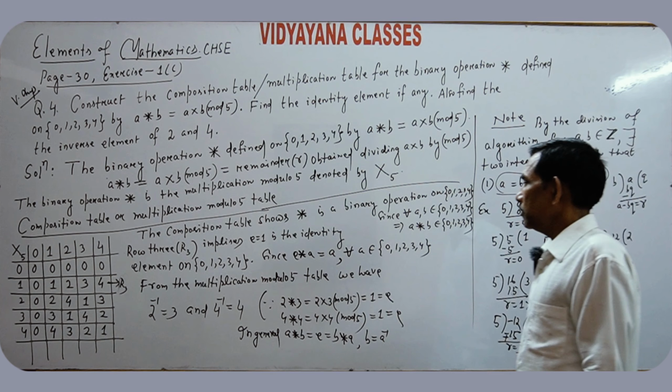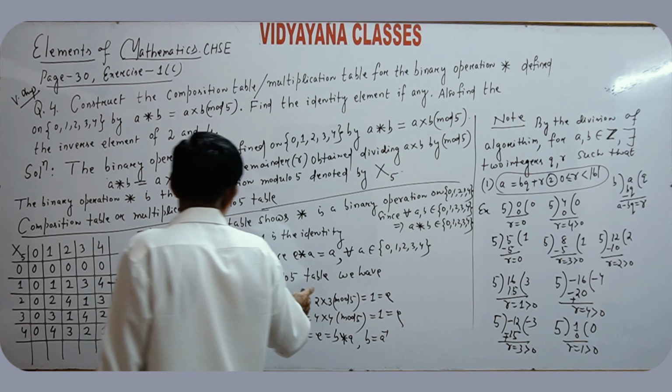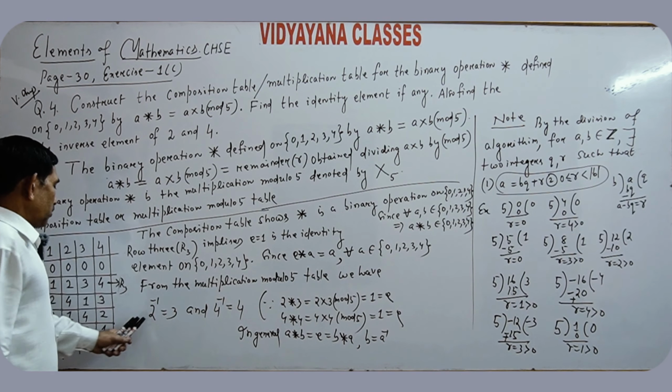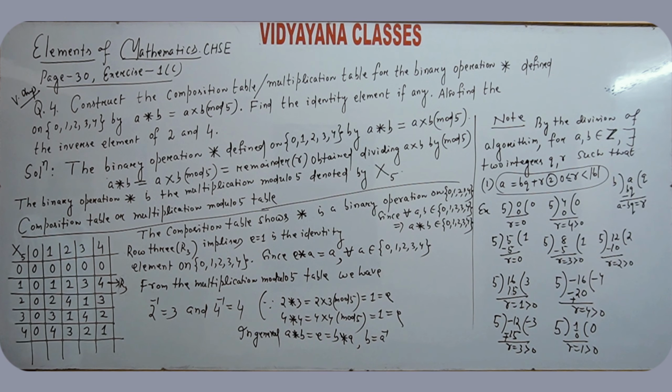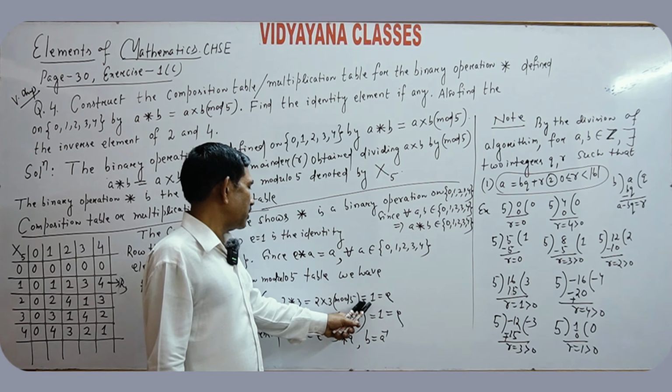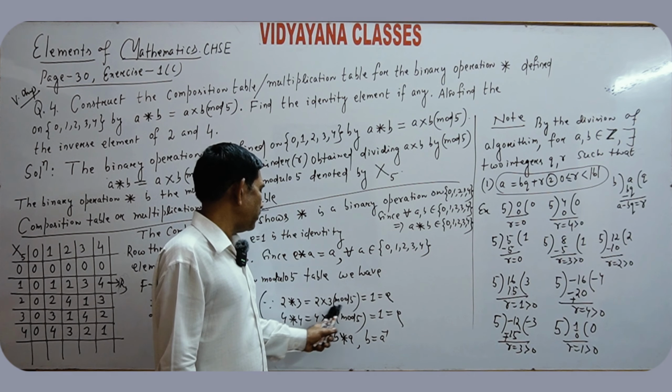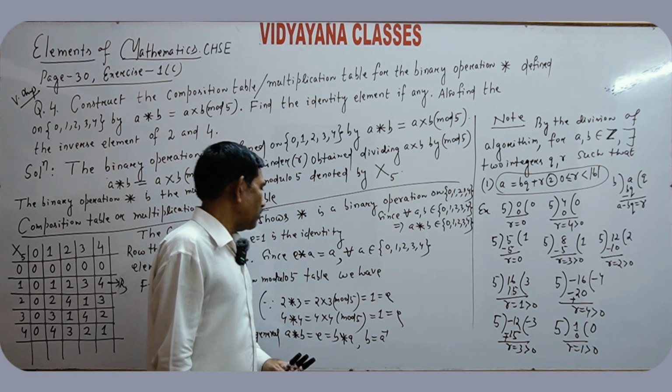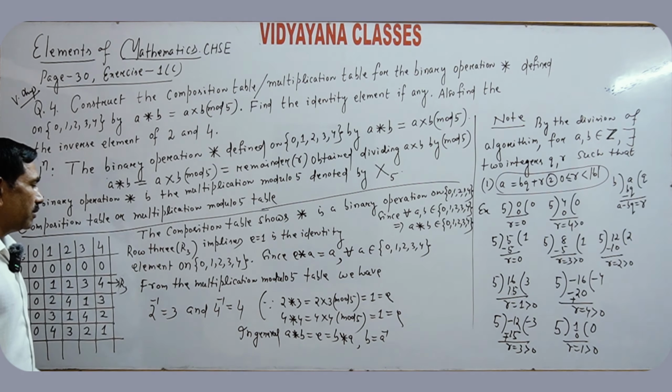From the multiplication modulo 5 table, we have 2 inverse is equal to 3. Since 2 into 3 is equal to 6, 5 divided 6 gives the remainder 1, that is the identity element.